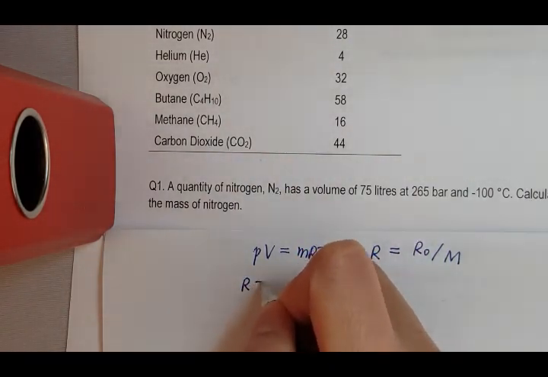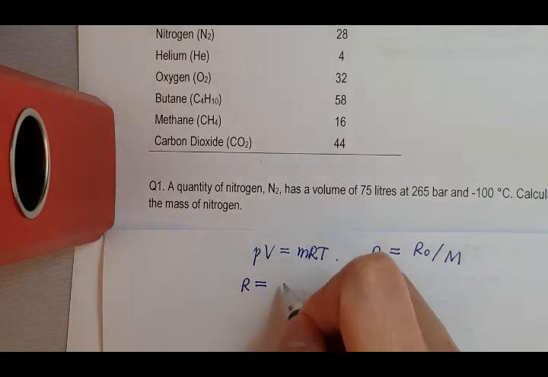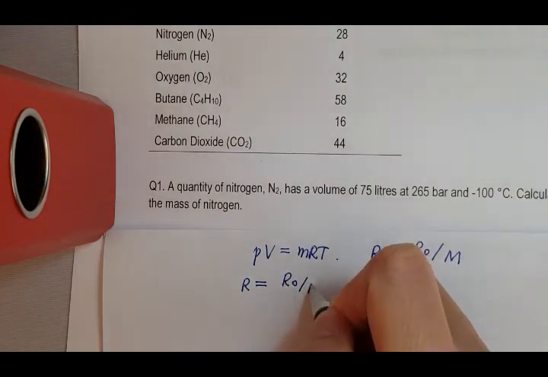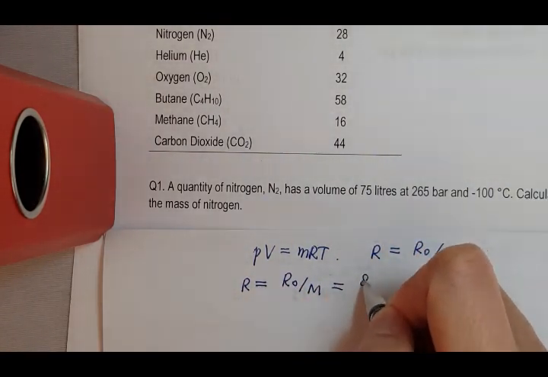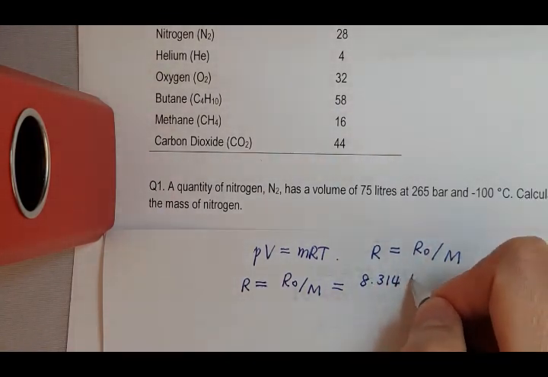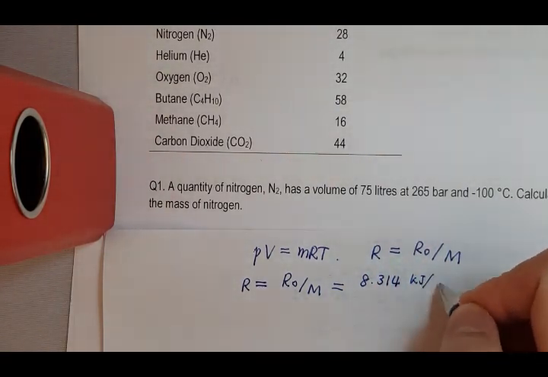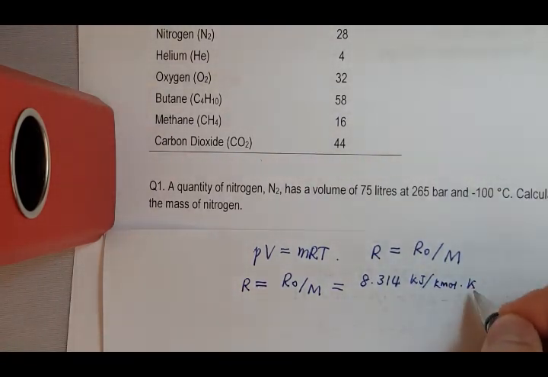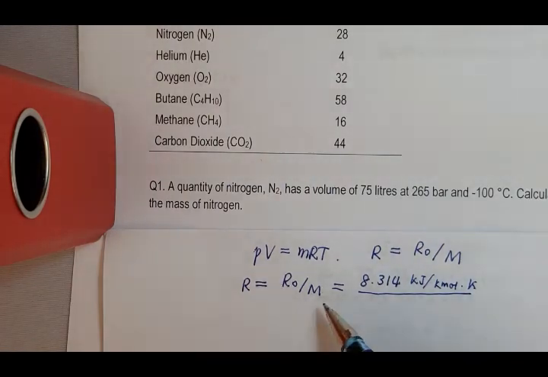First of all I'm going to calculate R, which is equal to R0 divided by M. So R is 8.314, and I'll write down the unit here as well to check all the units, divided by M. For nitrogen M is 28.